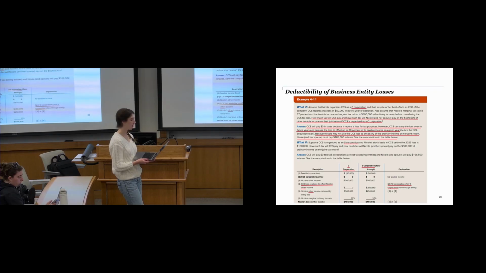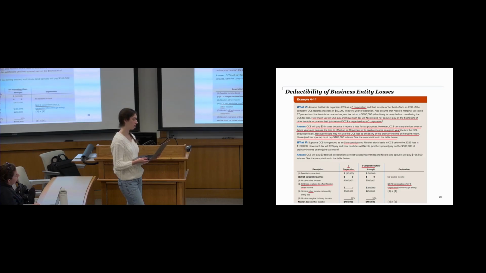And then suppose that CCS is organized as an S corp, and Nicole's stock basis before the 2025 loss is 100,000. How much tax will CCS pay, and how much tax will Nicole pay on her other income?